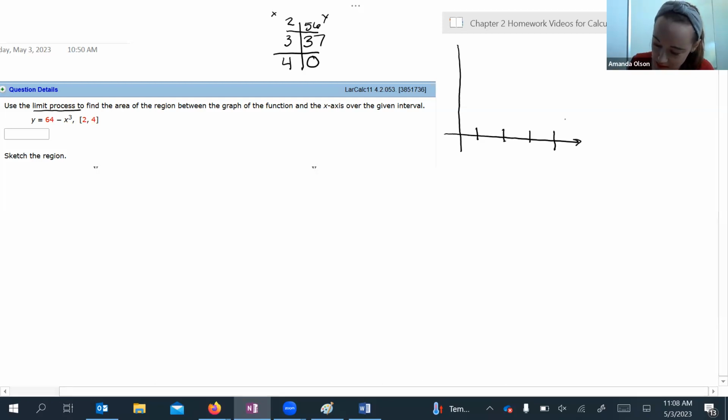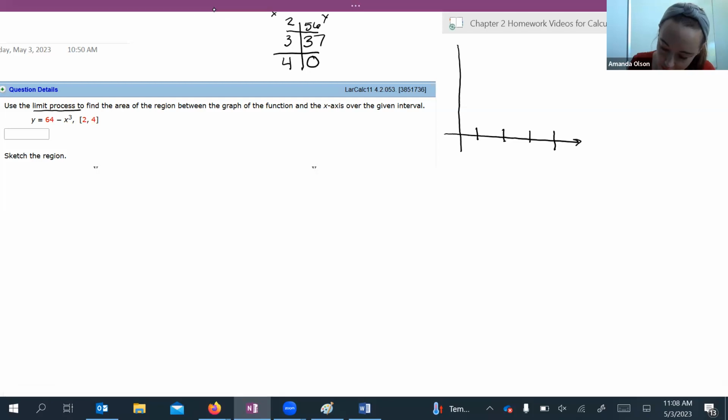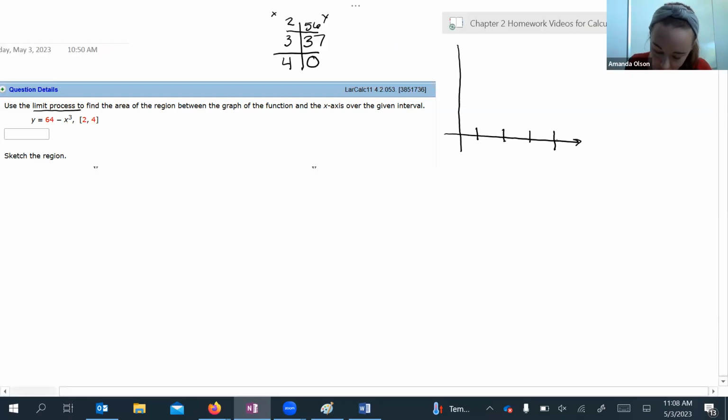This is supposed to be just a sketch. I'm already getting a little bit ahead of myself on a sketch, but we have 4, 0 as a point. 1 is not on there, but just to give us an idea of the shape of the graph, if we did have 1, we would have a 63, so that's going to be very high on the graph. 2, we have a 56. 3.